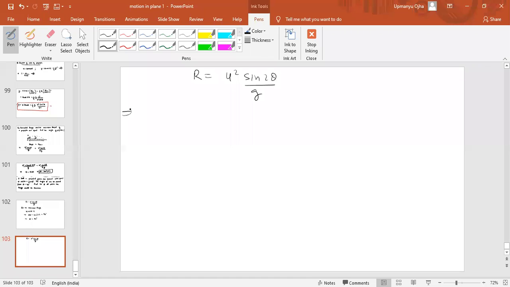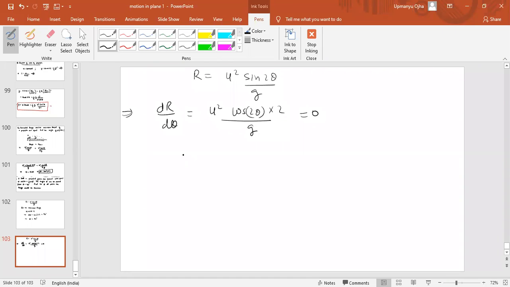Now differentiate this range with respect to theta. So this would be dR by d theta, equal to u squared, the differentiation of sine 2 theta is cos 2 theta into 2, by g. And this dR by d theta should be equal to 0 for the maximum and minimum condition.